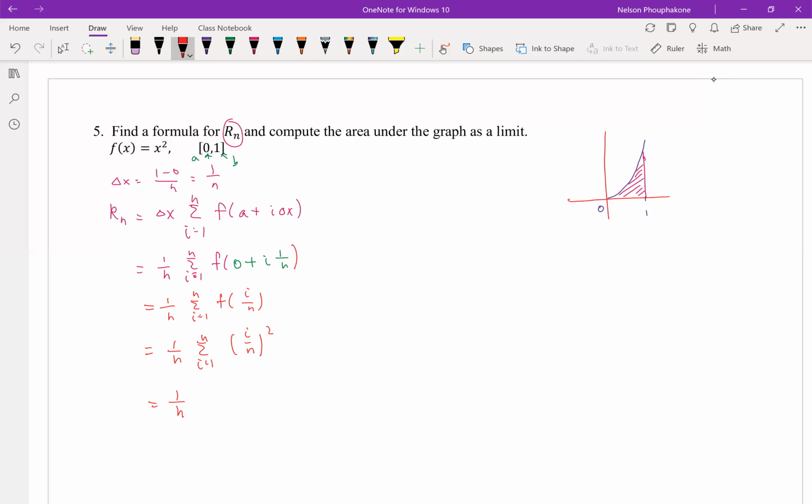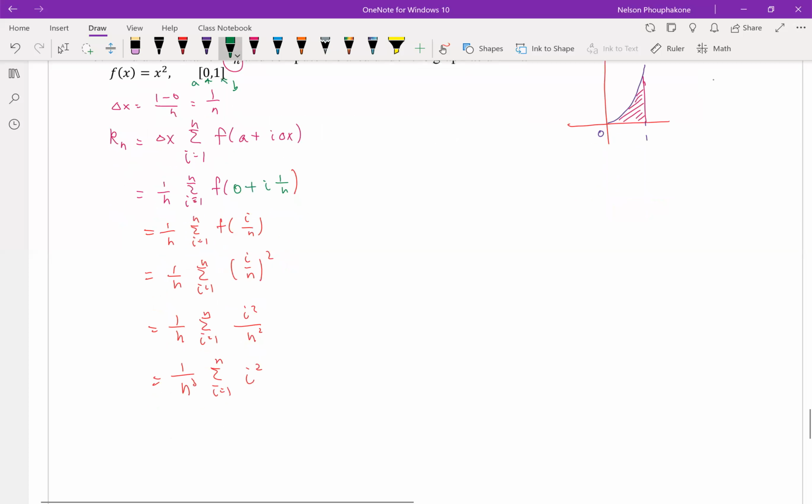Meaning I have i squared over n squared. And again, in the summation, 1 over n squared is a constant, so we could take it out. Then now, let us try to work with this one now.